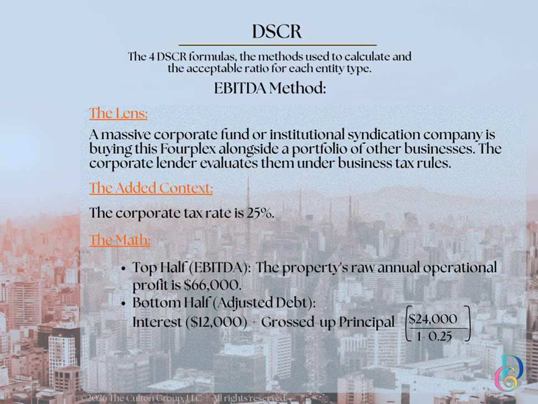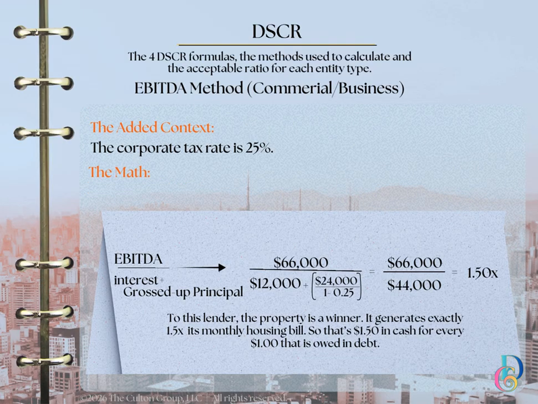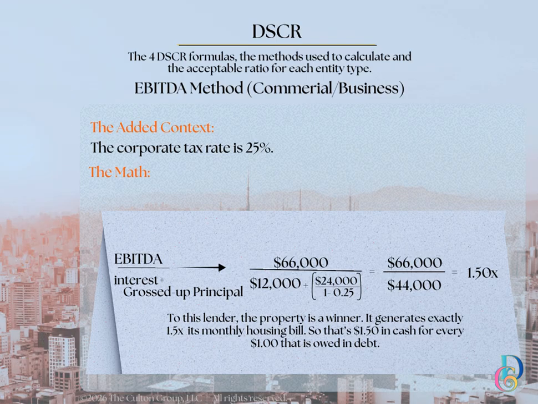Okay, so it's 1 minus 0.25, which means that that 24,000 will be divided by 0.75. And when you divide 24,000 by 0.75, you end up with 32,000. 32,000 plus 12,000 equals 44,000.